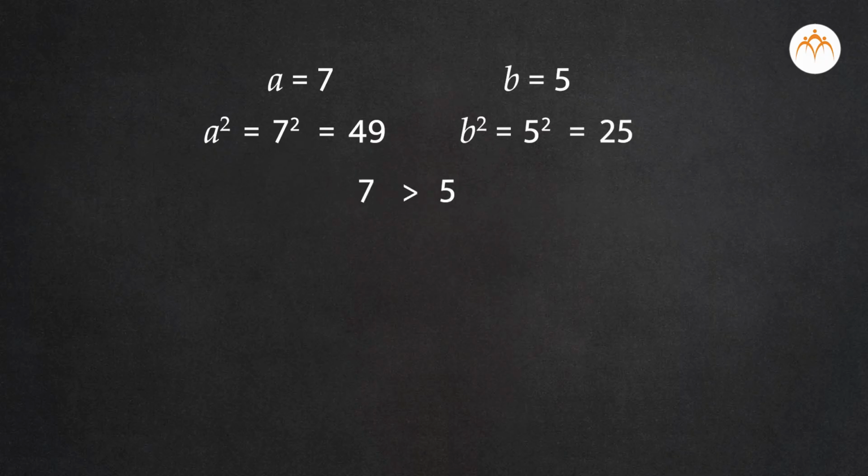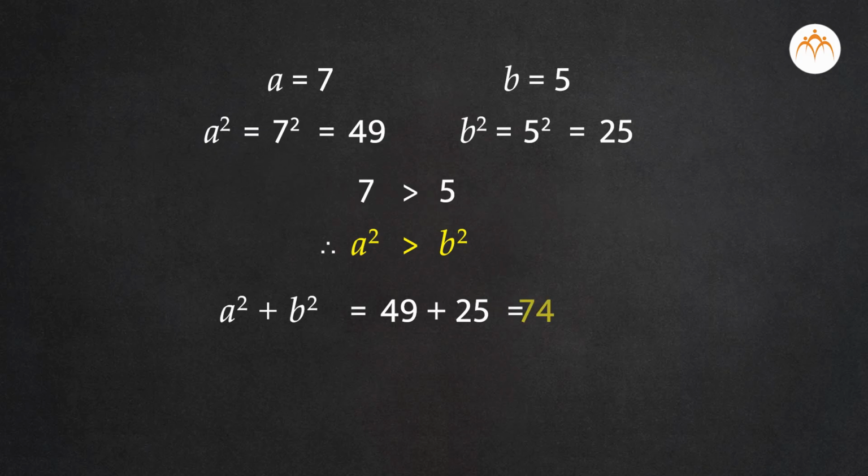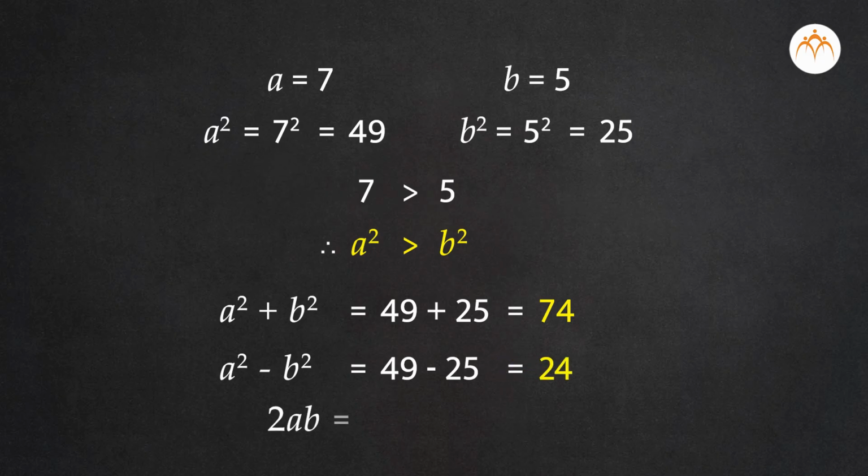Therefore, a square is greater than b square. a square plus b square is equal to 49 plus 25 is equal to 74. a square minus b square is equal to 49 minus 25 is equal to 24. 2ab is equal to 2 into 7 into 5 is equal to 70. The largest number is 74.